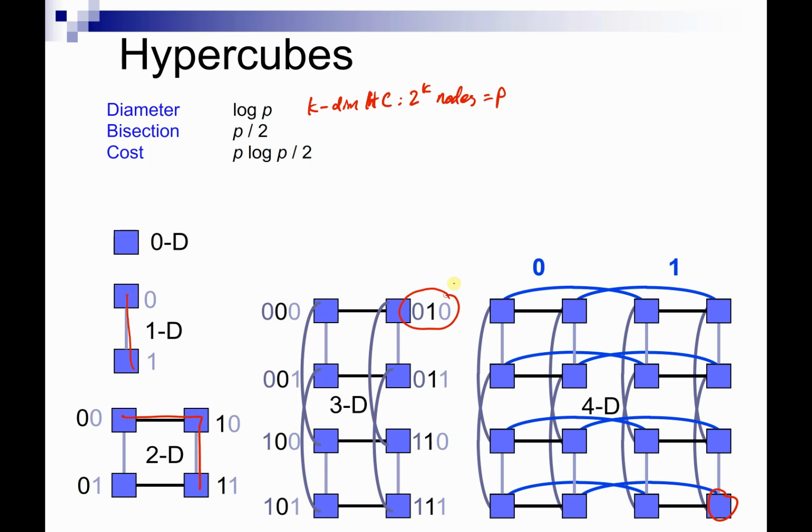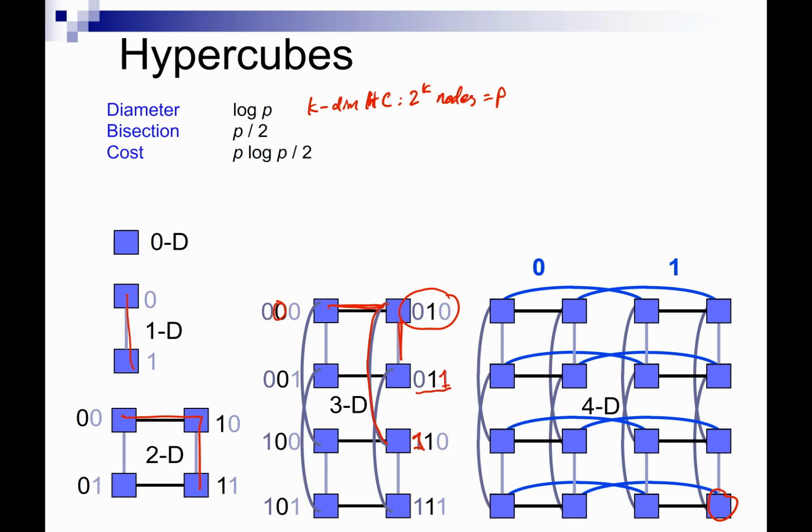So for example, if we have this node, then it is connected to every other node which differs in exactly 1 bit. 0, 1, 1 differs in a single bit, so we have a connection over here. The 0, 0, 0 differs in the 2nd bit, so we have a connection over here. And the 1, 1, 0 differs in the 1st bit, and so we have a connection over here. So we have 1 connection per digit of each node.